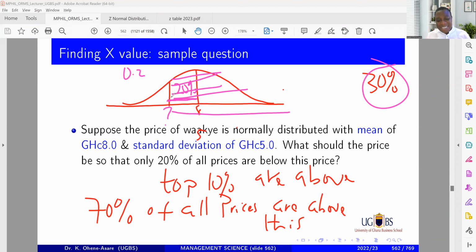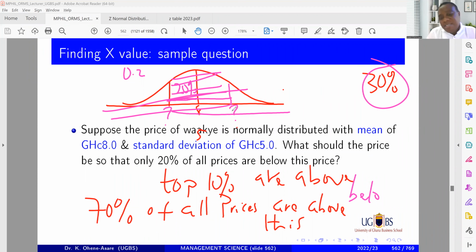But if I had said that 70% of all the prices are below this price, watch that word, below, then you rather have to come here, and everything below is going to be 70%. And so your question mark price will be that, which means you have to read what?